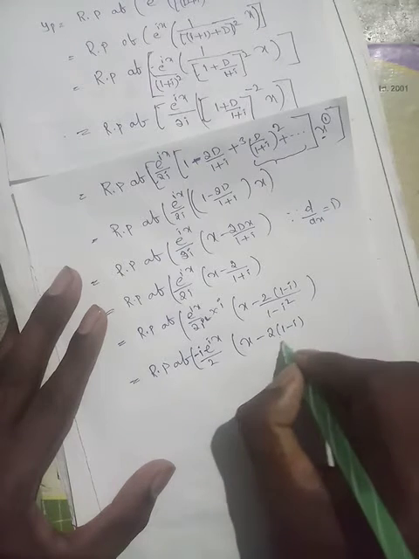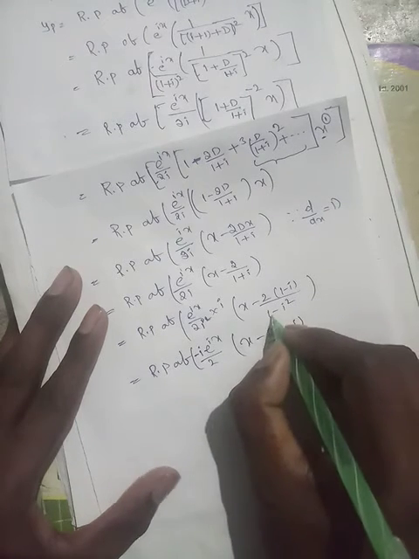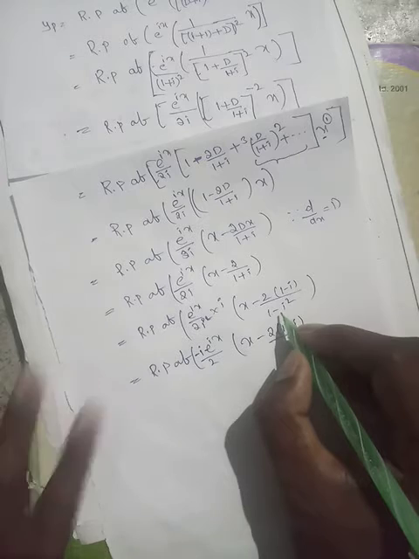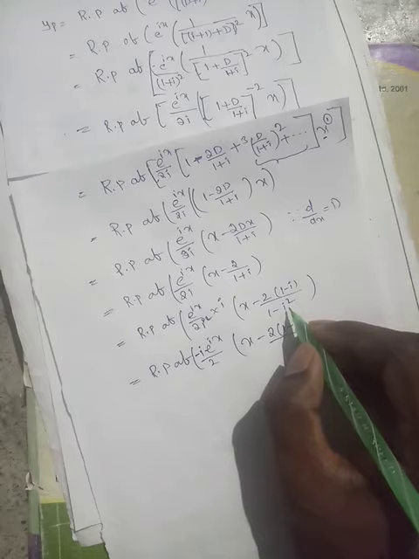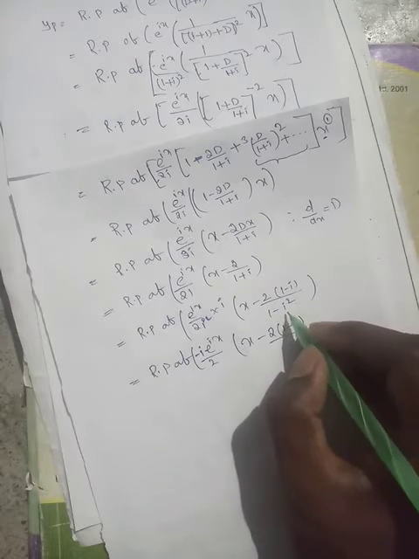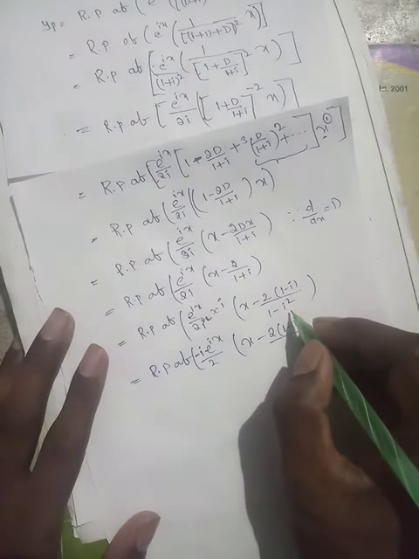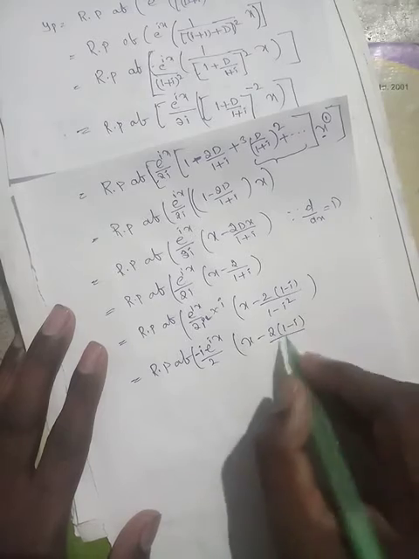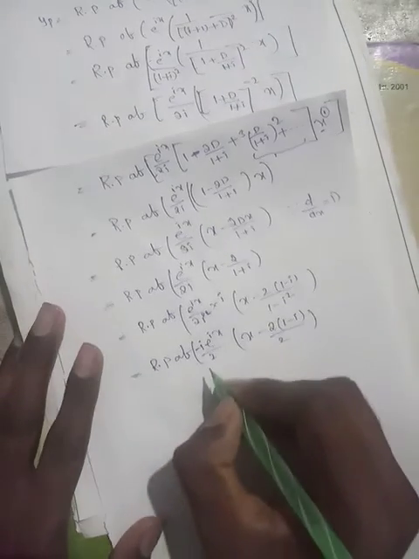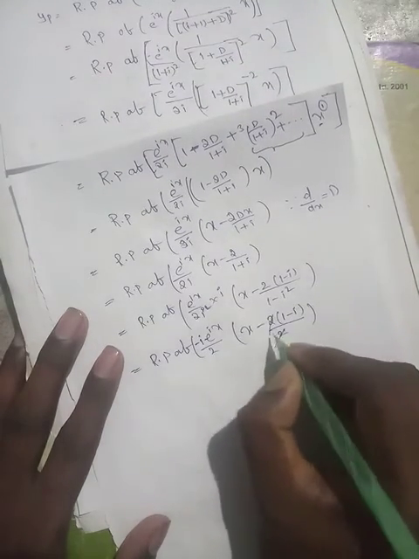1 minus i by, see, 1 minus i square, right? So here 1 minus i square means what? i square means what here? Minus 1. So minus 1 into minus, so plus 1 plus 1, 2 I will get, right? 2, so this gets cancelled.